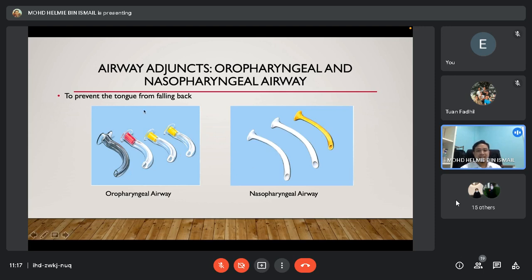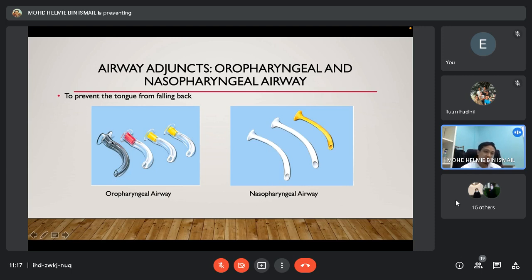Basically, you need to maintain the airway when you open it, and you maintain it using the airway adjuncts. The use of airway adjuncts is to prevent the tongue from falling back. So you can use the oropharyngeal airway or nasopharyngeal airway.